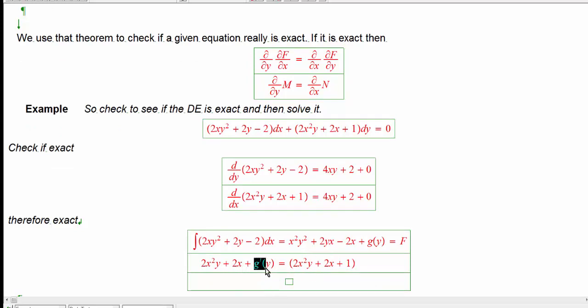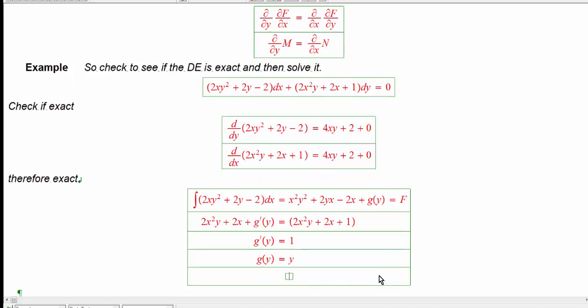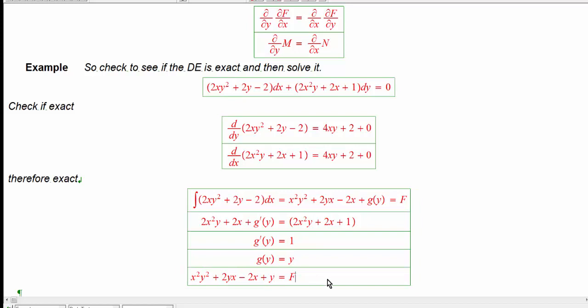It looks like g prime, the piece I didn't know, must be equal to 1, so integrating both sides with respect to y, g is just equal to y. So at this stage, I knew everything except what the g is. Now I know the g is y. So I'm just going to take this piece and replace it. And of course, it's a level curve slice, so it's not just equal to f, it's equal to k.